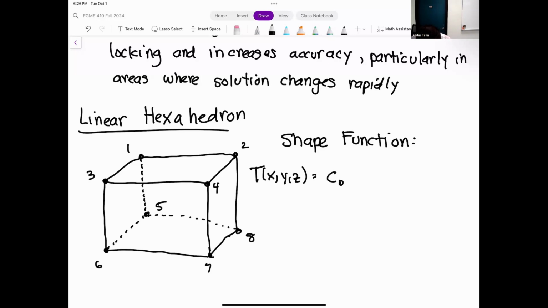All right, so we have C0 plus C1x plus C2y plus C3z. Okay, so those are our standard linear terms that are included in every single element. But that's only 4. So we have 4 more terms to include here.